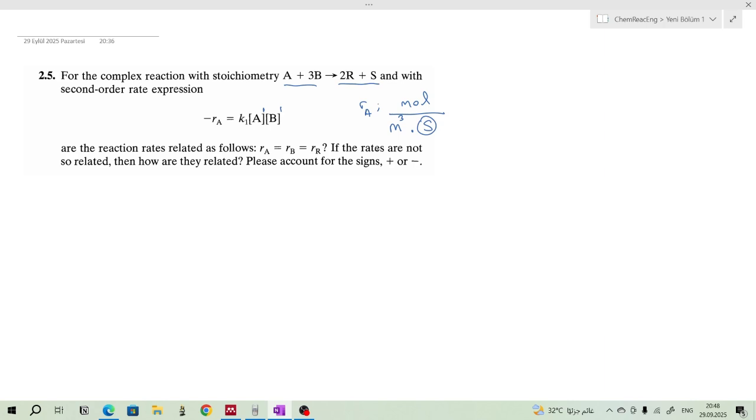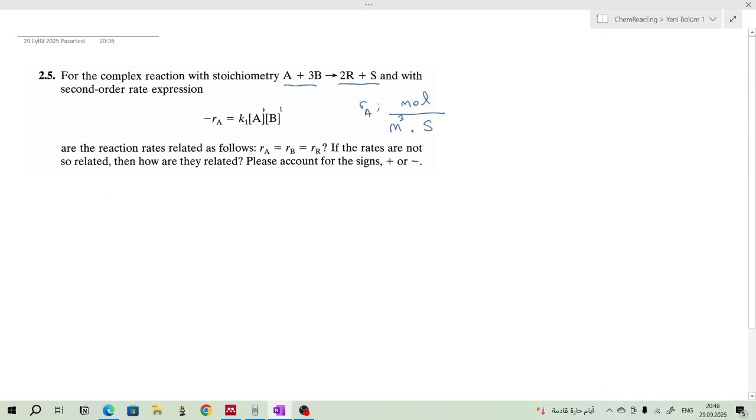It can be minutes, hours or days. So this is our reaction rate. Sometimes, in catalytic reactions, instead of volume we can use the mass of the catalyst, so it can be kilogram of catalyst instead of meter cube.